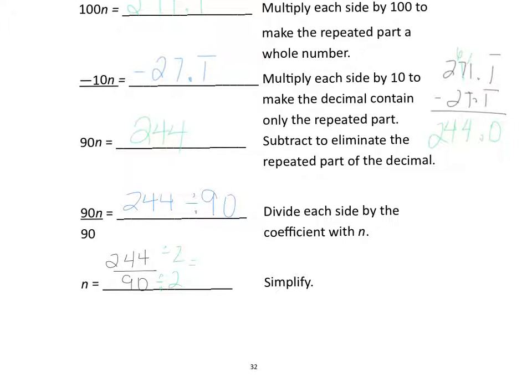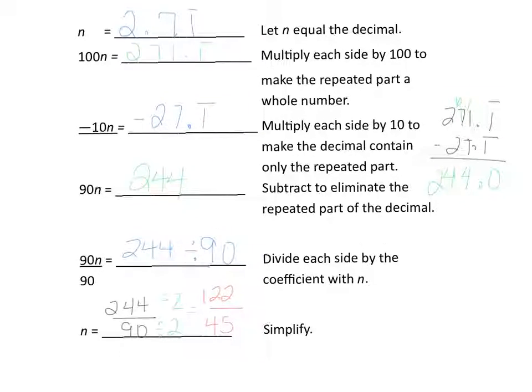And 244 divided by 2 is 122. And 90 divided by 2 is 45. And that is a simplified fraction for 2.7 repeated 1.